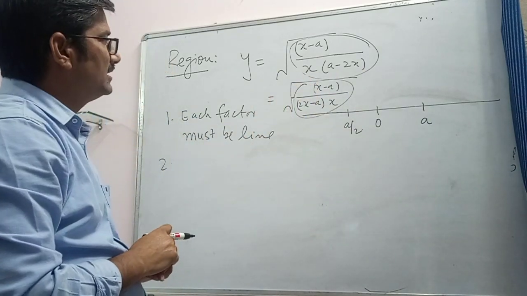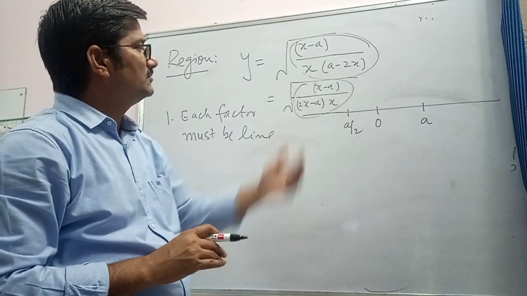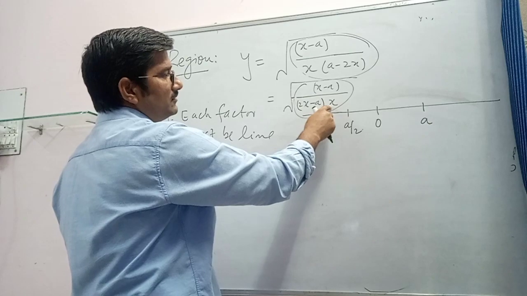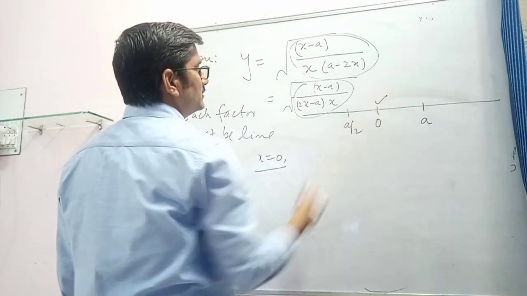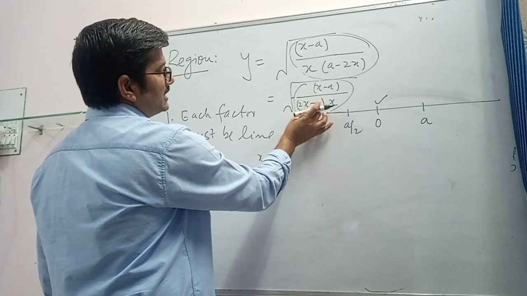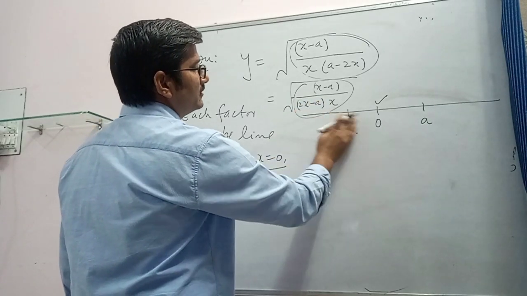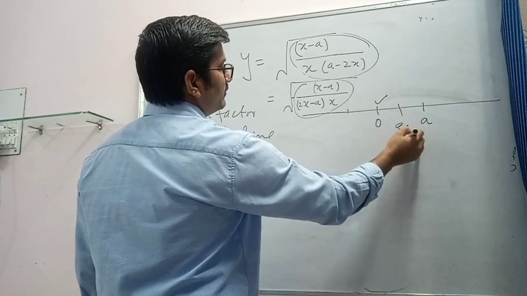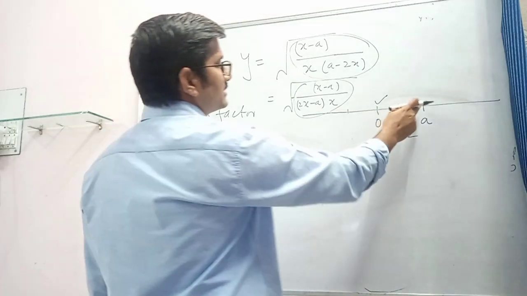The wavy curve method says to equate each linear factor to 0. So if you put x equal to 0, you get the point x equal to 0. Put this expression equal to 0, so you get x equal to a by 2, and then put this one equal to 0, x equal to a.